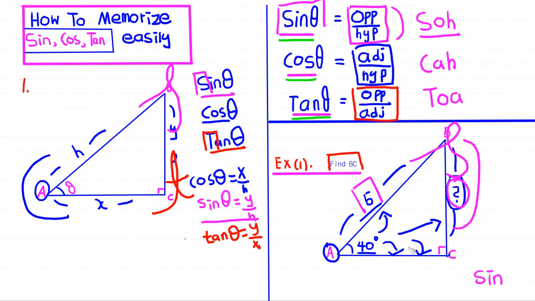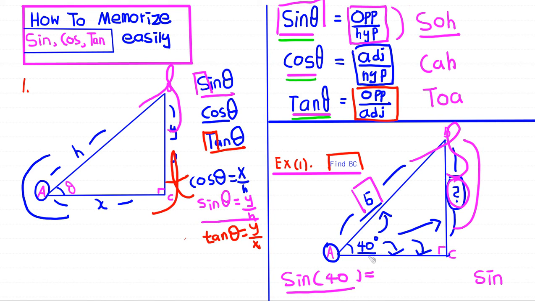So if we solve for this length of BC, we can make an equation using sine. The sine of theta, which is 40 degrees, so sine of 40, is equal to opposite over hypotenuse.